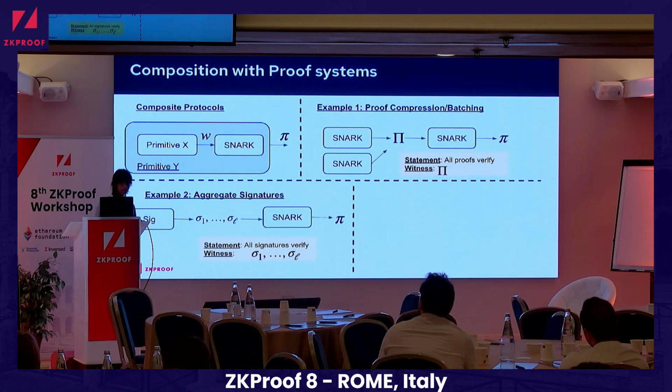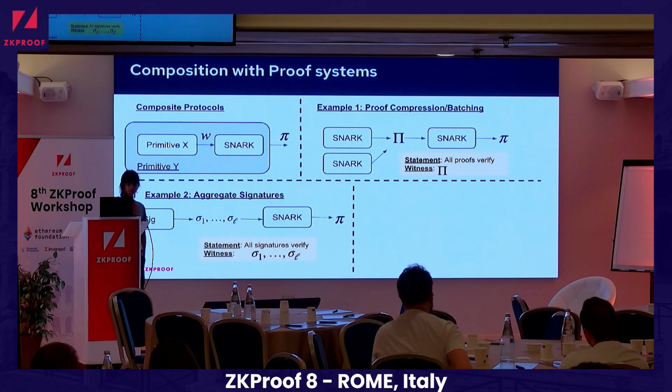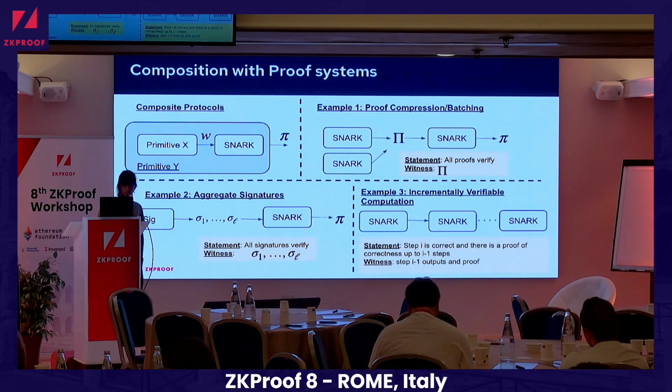Another example is a folklore construction of aggregate signatures, where again you have several signatures, and instead of sending them all out, you put a SNARK on top to aggregate them. And something that has been more relevant these days is incrementally verifiable computation, which is essentially the same as example one, but with several steps of SNARKs composed on top of SNARKs.